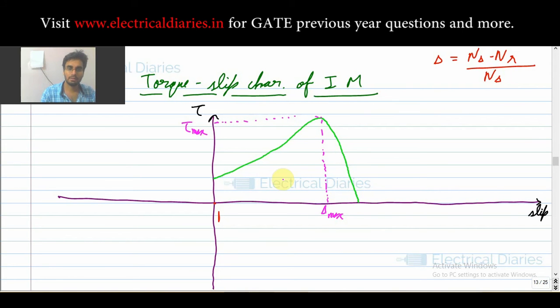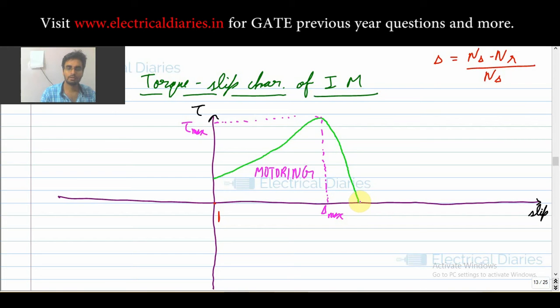In this region the induction machine is acting like a motor, which is the motoring region. At this region the motor is running at its full load, that is, at its full speed.